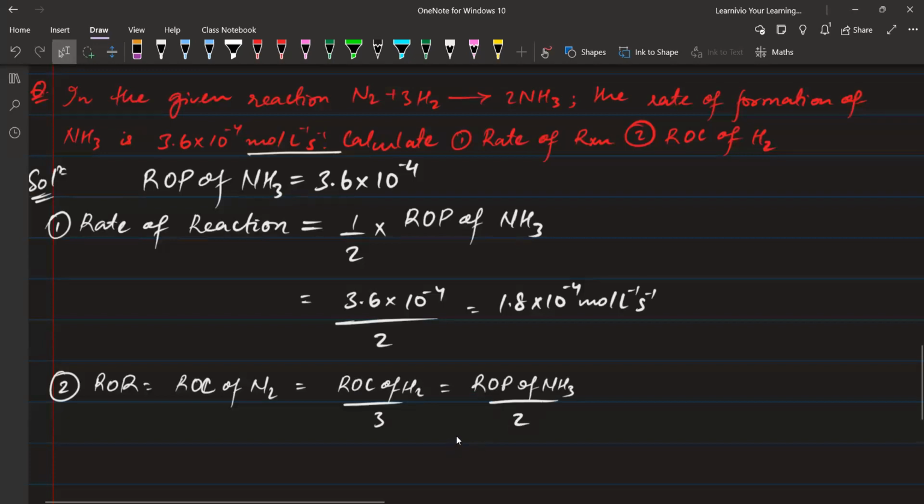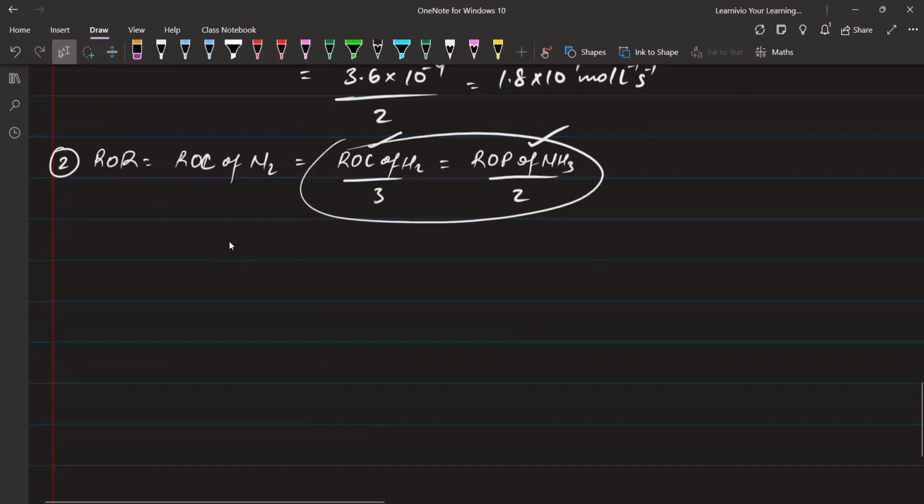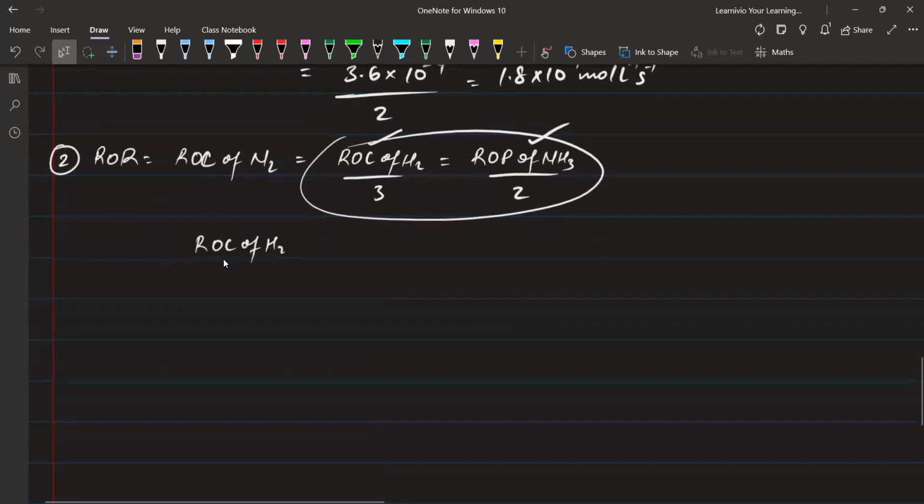Does it make sense? Yes, sir. Now the rate of production of ammonia has been given, and the rate of consumption of H2 has been asked. So these are the two terms we have to focus on. ROC of H2 divided by 3 is equal to ROP of NH3 divided by 2.